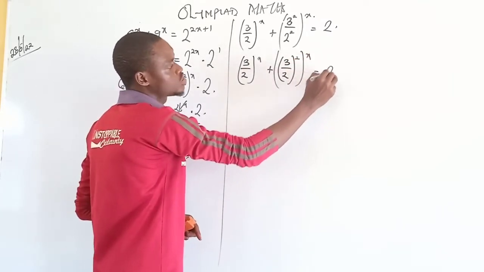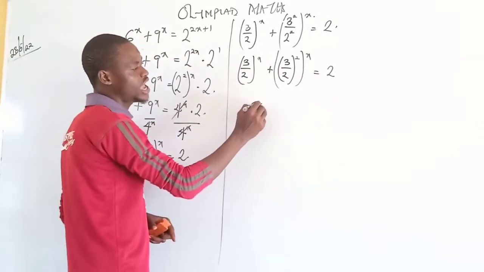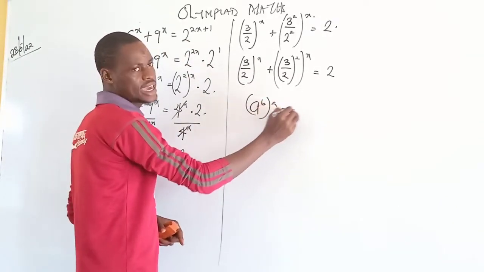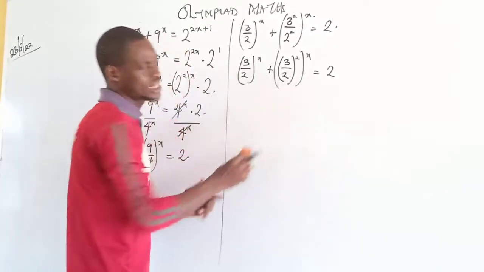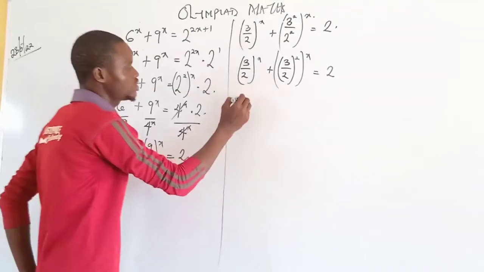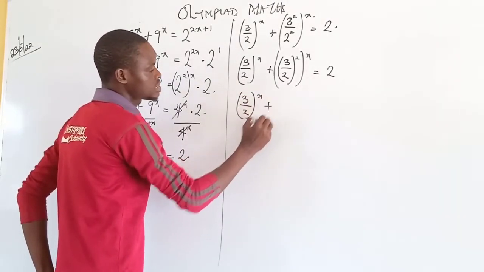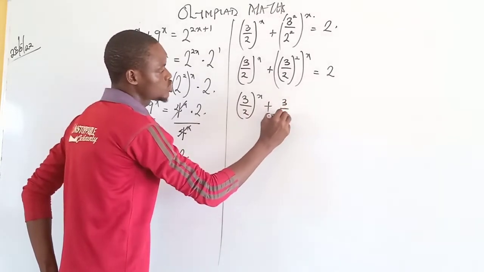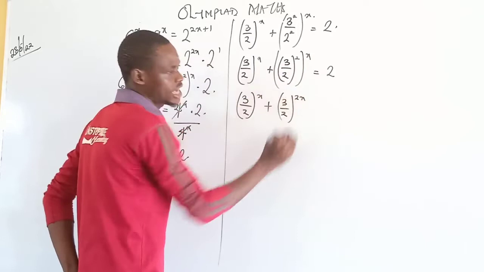Now, coming back to the same law of indices that I gave to you, that a raised to power b, raised to power a, is equal to a raised to power ab. We can apply this back as well, whereby I'll be having 3 over 2 raised to power x plus 3 over 2 raised to power 2 multiplied by x, which gives me 2x.